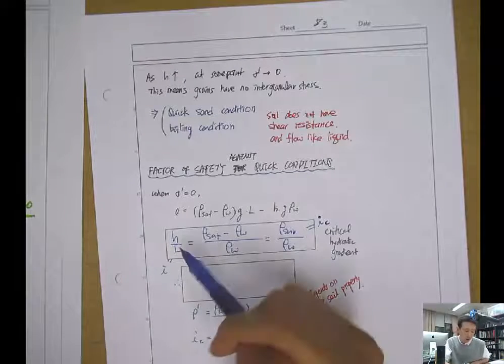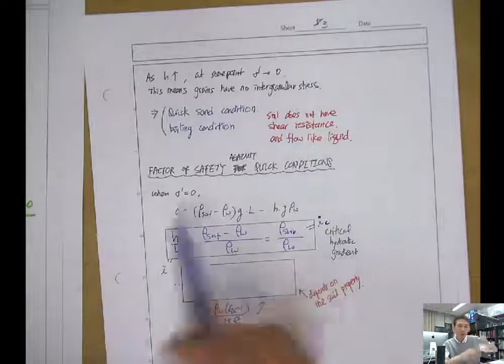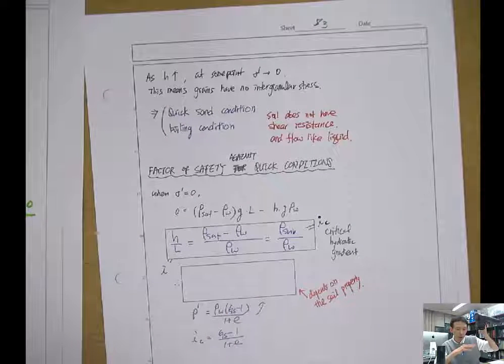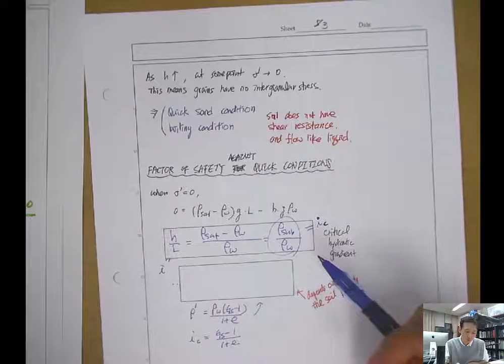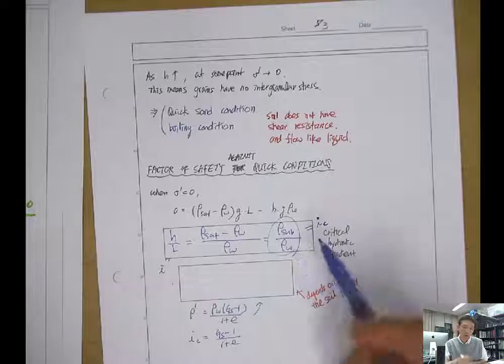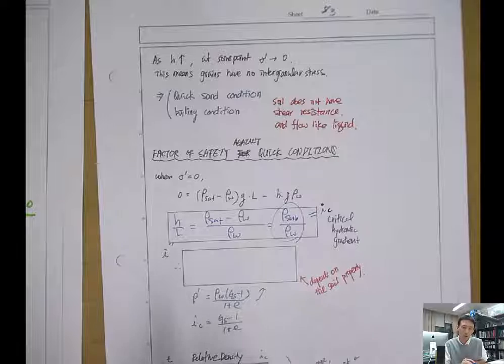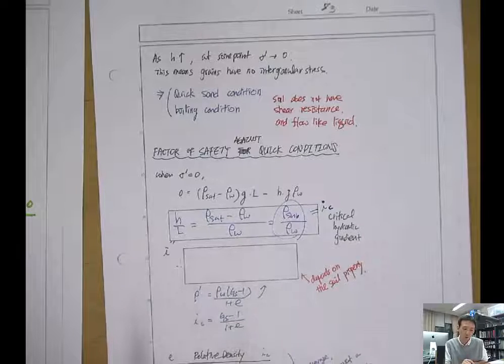So when H, the head difference over a certain length of soil, is bigger than i_c, which is rho sub over rho W, then the quick condition will occur, and the effective stress will eventually become 0.